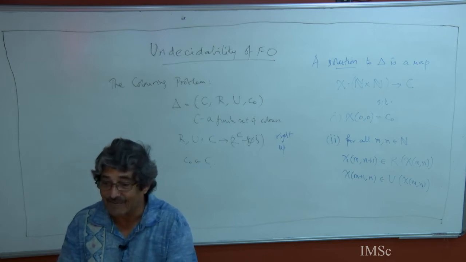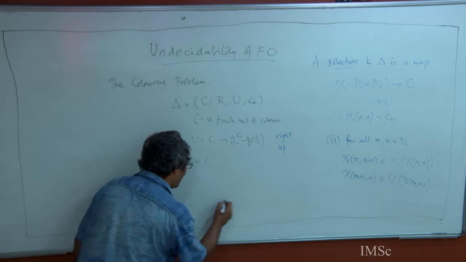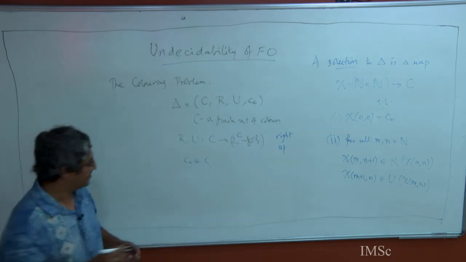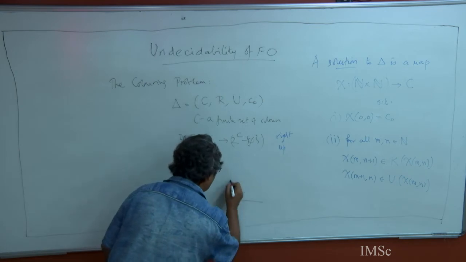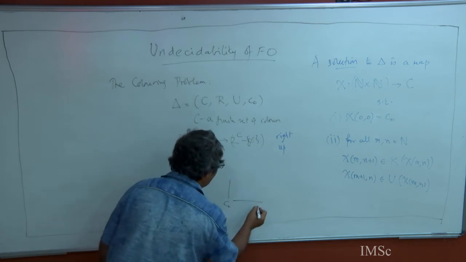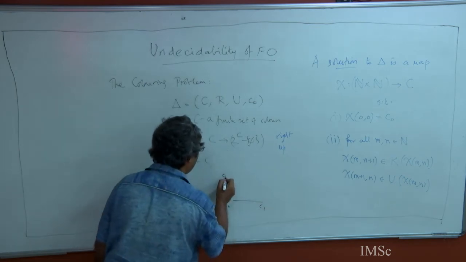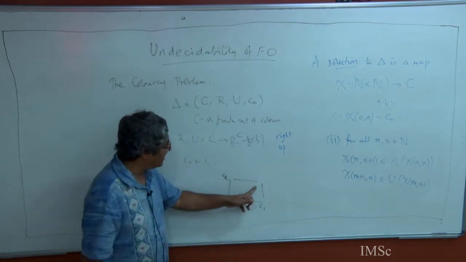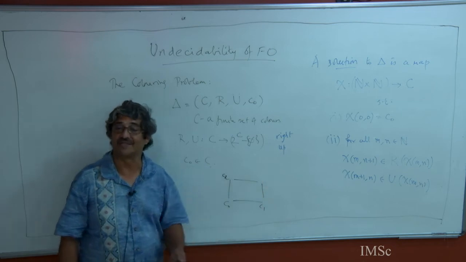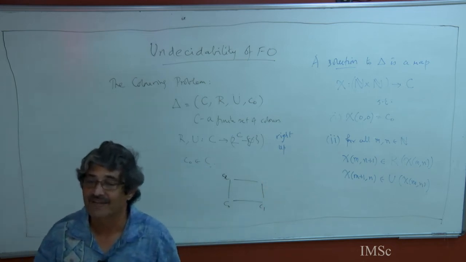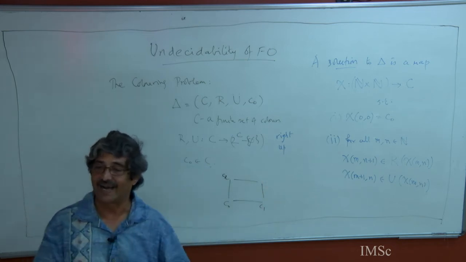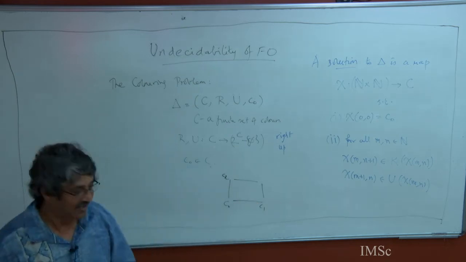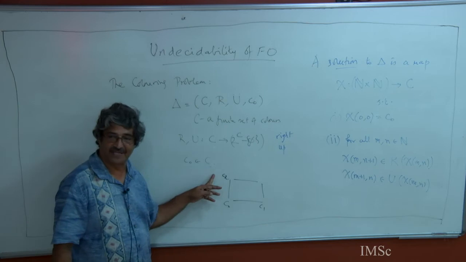Once I have colored (0,0) with C0, you pick some C1 and you pick C2. Now this automatically says that the right set of this and the up set of this should have some intersection, right? Otherwise you are dead. You have to come back and try. This is the idea. I pick some color here and I pick some color here.